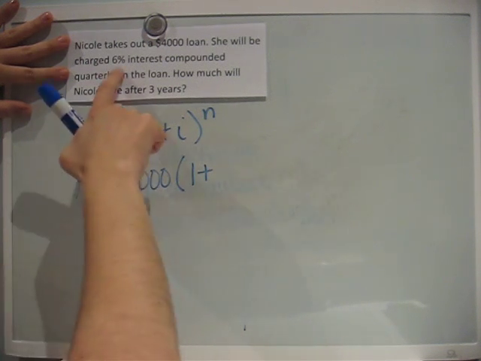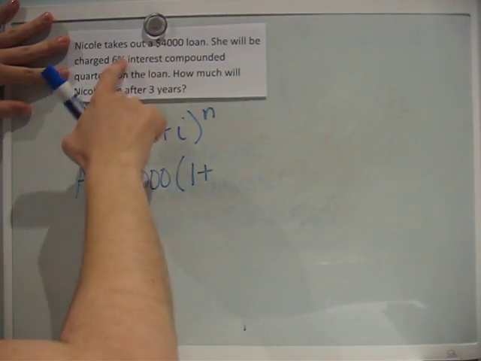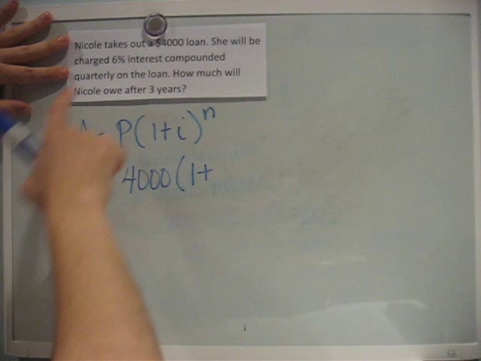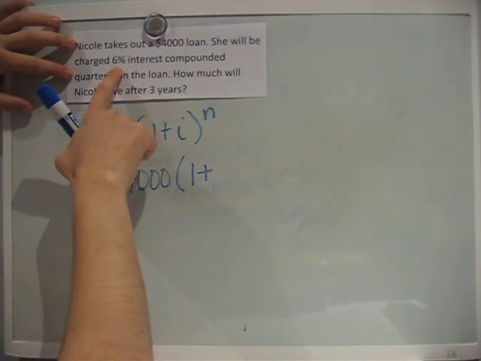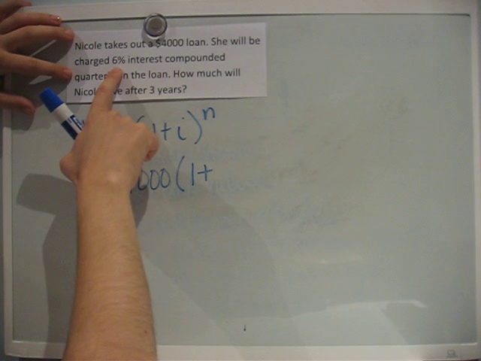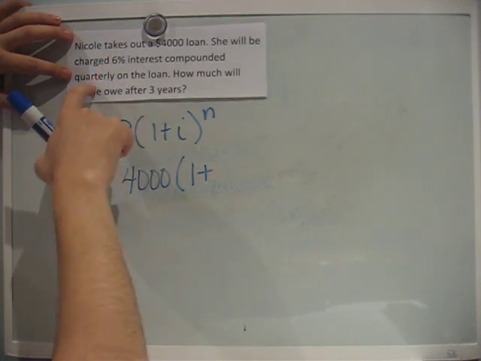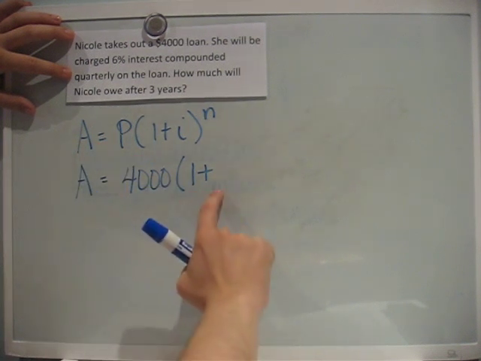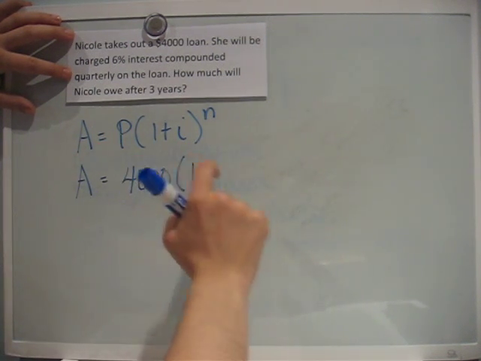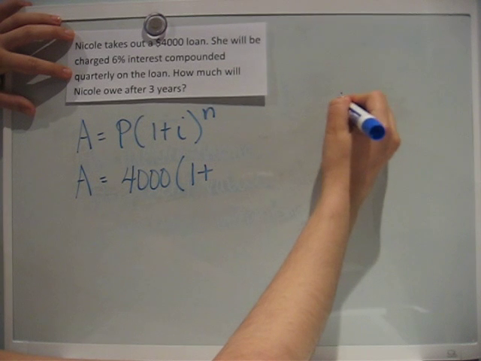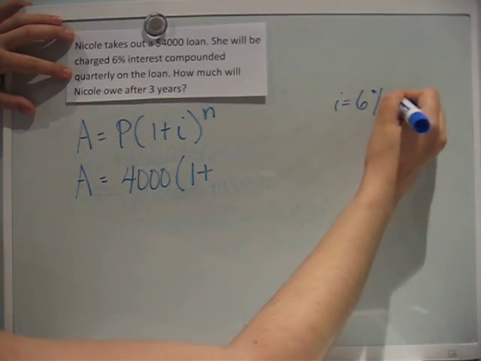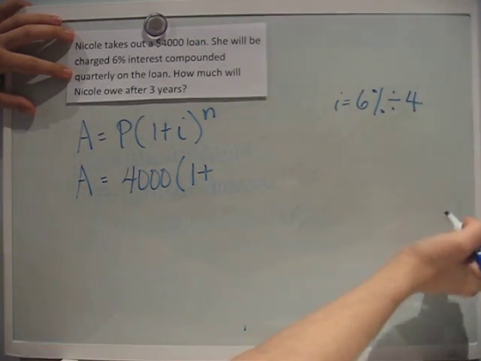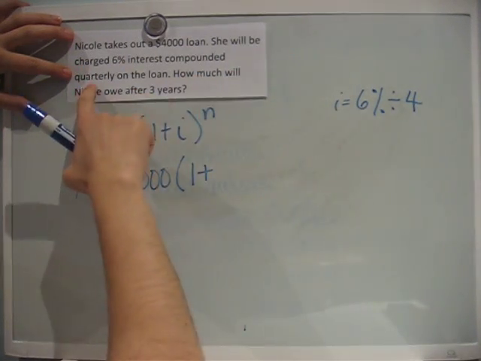The interest rate is 6%, but this is compounded quarterly. So this is an annual rate, and this is how much she would be charged for an entire year. But quarterly interest is added to her loan. So to find the periodic interest rate I, we're going to take that 6% and divide it by 4 for 4 compoundings a year, since it's compounded quarterly.